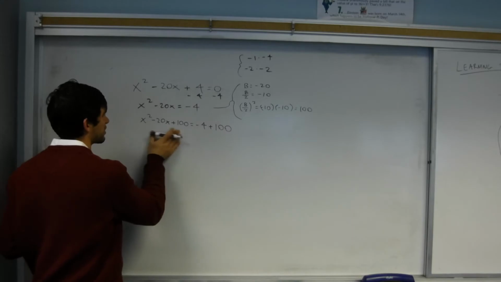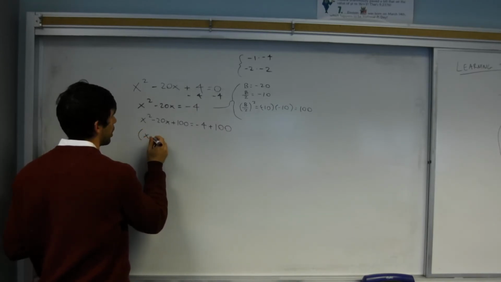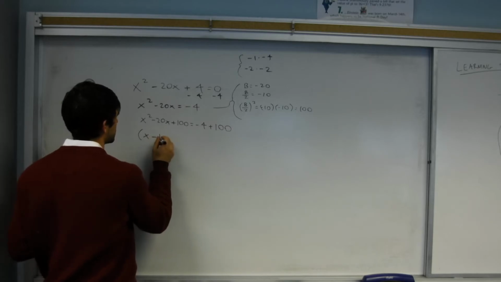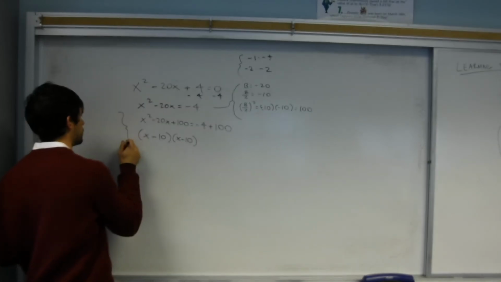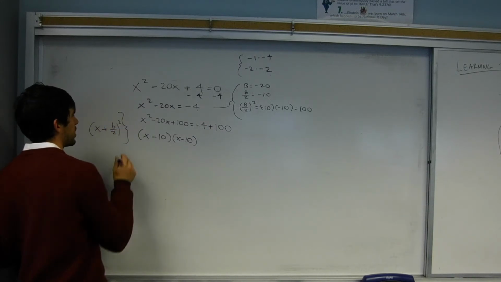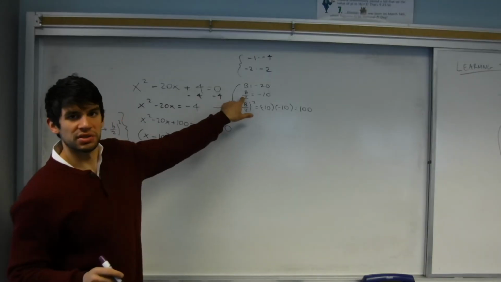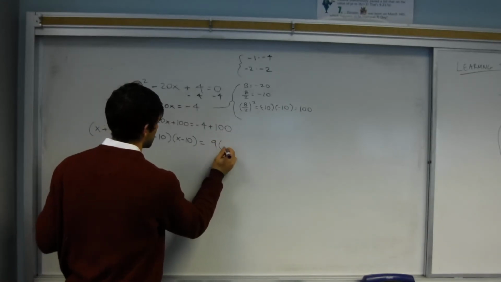So if we factor this side, we're going to get x minus 10 times x minus 10, because remember, we're always going to get x plus b over 2 squared, and b over 2 is equal to negative 10. We're going to get that's equal to 96.